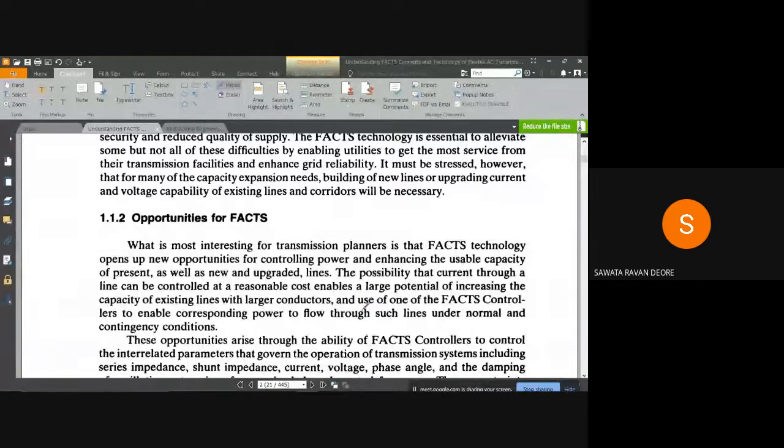But as I said in the discussion of transmission interconnection, many transmission lines may get overloaded. For a given generation scheduling, please try to understand, in a given power system there are generators at different locations and loads at different locations.